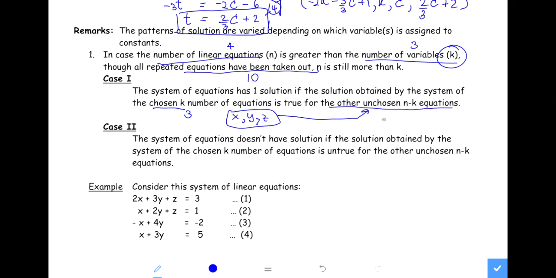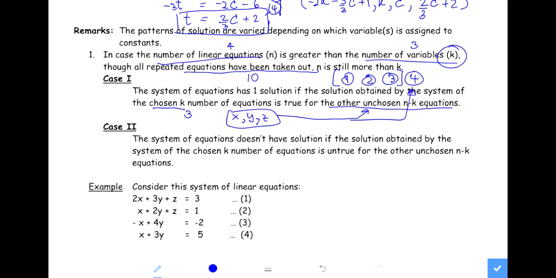Let's say you have equations 1, 2, 3, 4. I choose just three of them because I have x, y, and z. I find the answer from equation 1, equation 2, and equation 3. When I have the answers, I substitute them into the fourth one.